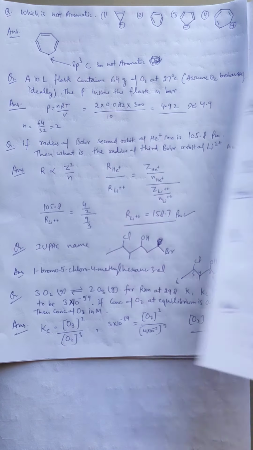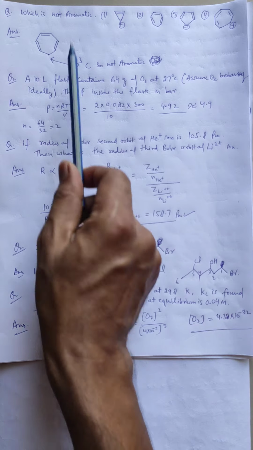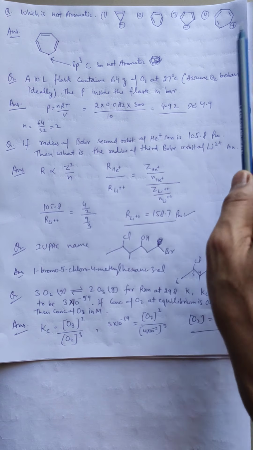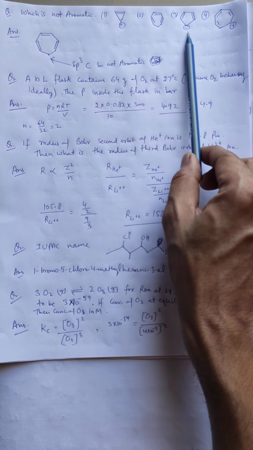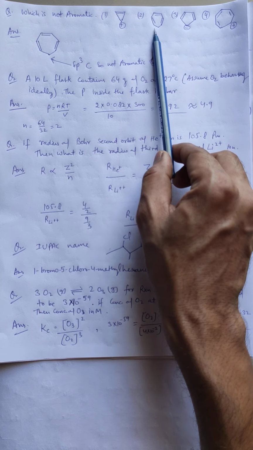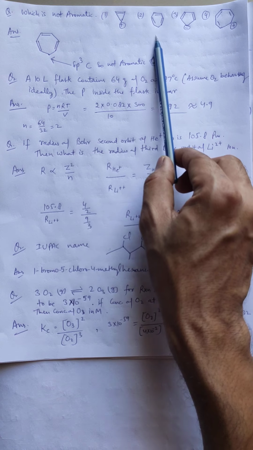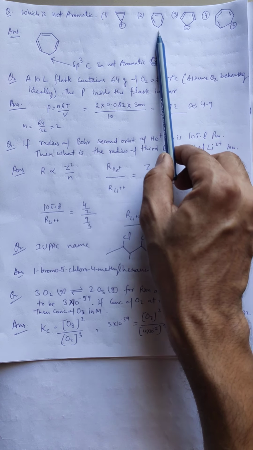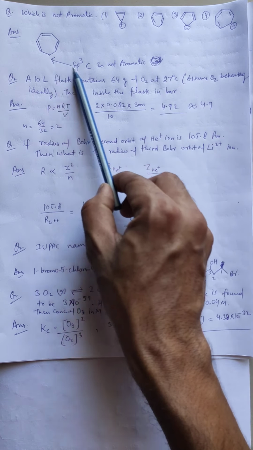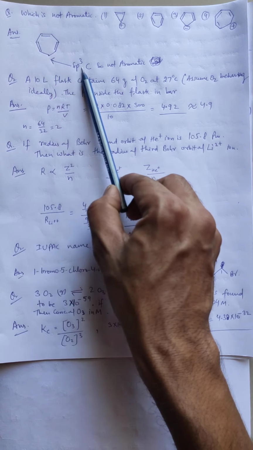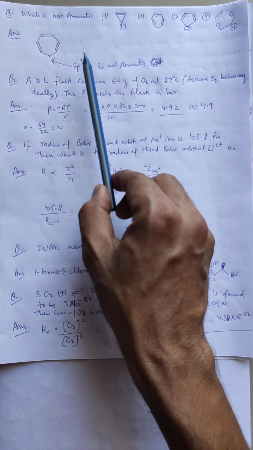Now the next question is which is not aromatic. If you look among the given options, the second option is not aromatic, because you have to find the sp3 hybridized carbon. In the second option, one sp3 hybridized carbon is there. If an sp3 hybridized carbon is there, then that is not aromatic.